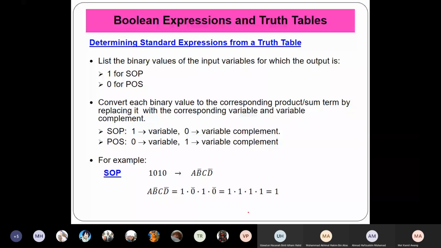Let's say 1 is A, so 0 is A bar. For POS, the 0 you convert into the variable, let's say B. Therefore the 1 is B bar.